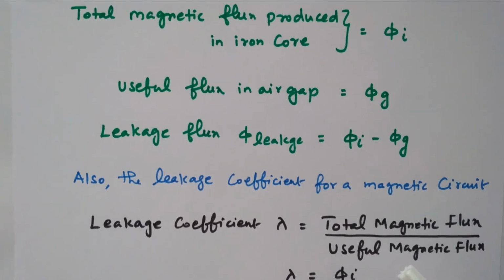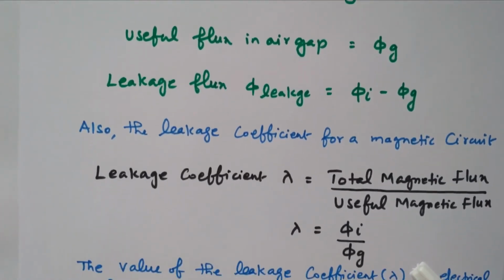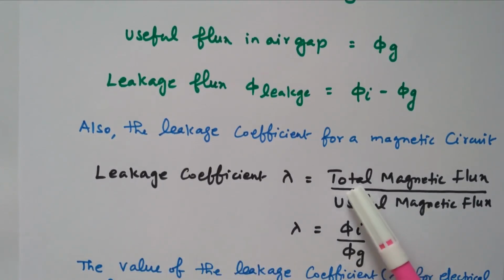So the leakage coefficient is nothing but the total magnetic flux divided by the useful magnetic flux. What is the total magnetic flux? That is phi I. The useful magnetic flux is phi g. So phi I divided by phi g will give the leakage coefficient.